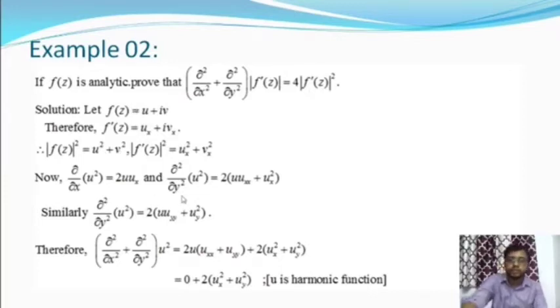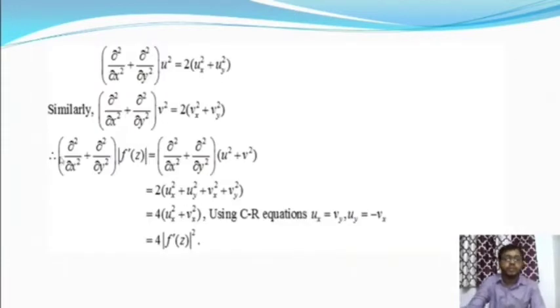Okay, so next one. Therefore, I will take the left side of the given problem: del 2 del x square plus del 2 del y square of mod of f dash z. Okay, so here mod f dash z is equal to u square plus v square. So del 2 del x square plus del 2 del y square of u square is equal to 2 into (ux square plus uy square), and del 2 del x square plus del 2 del y square of v square.